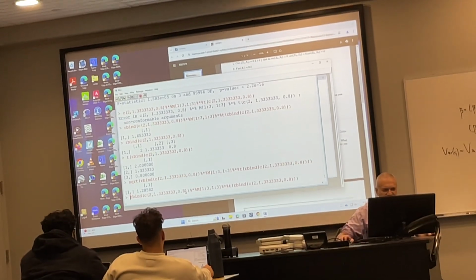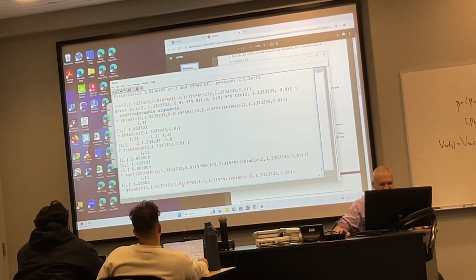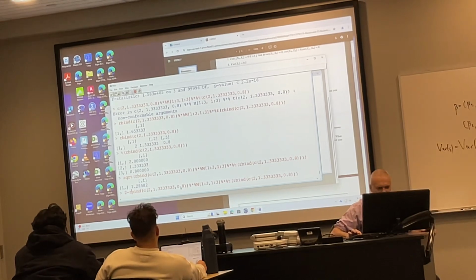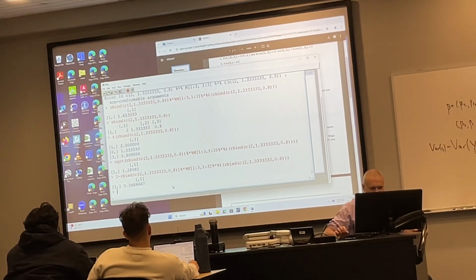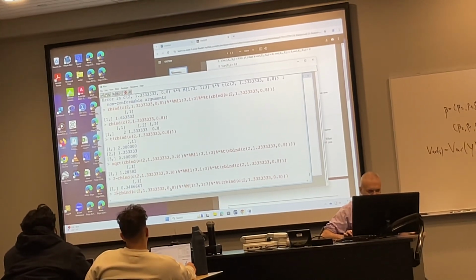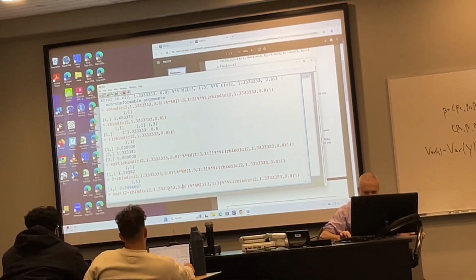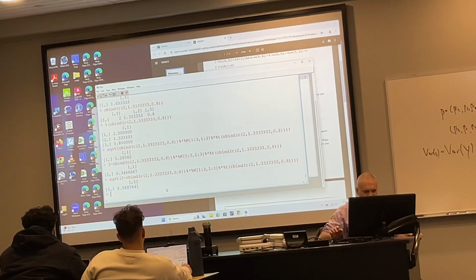I said the variance of y is 2 or something. What was the variance of y? The variance of y was 2 minus this. And now you take the square root. Voila.